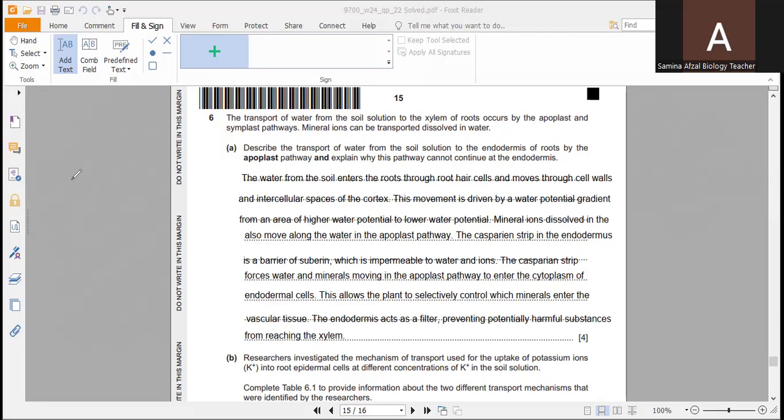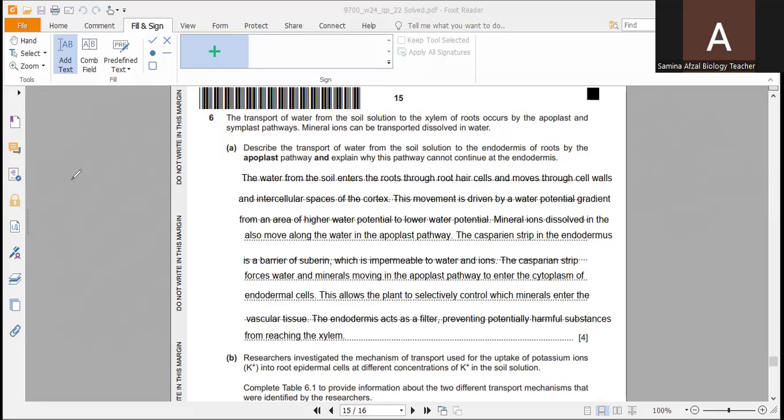In the apoplast pathway, the water moves through the cell wall only, without disturbing the cytoplasm. In the symplastic pathway, the water passes through the cytoplasm from one cell to the other through plasmodesmata.